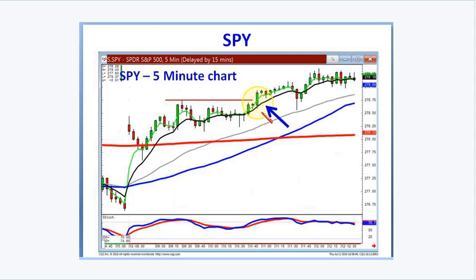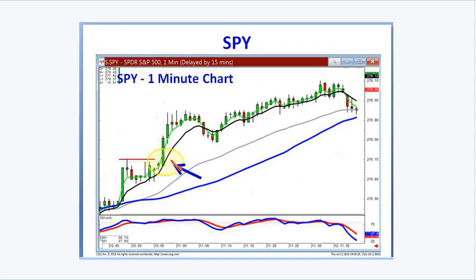You can flip to your 5-minute chart. If it looks like your 10-minute chart is setting up, flip to your 5-minute chart. Might get you in a little bit faster. And if you're a real active trader, you flip to your 1-minute chart. Say, all right, my 5-minute chart is setting up, my 10-minute chart is setting up. Let me move to the 1-minute chart.